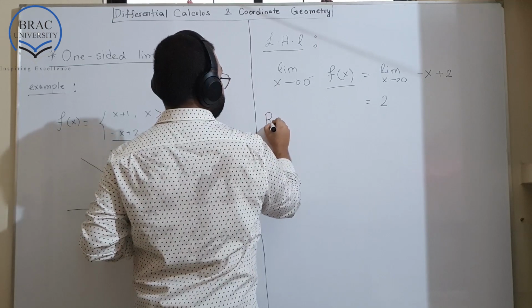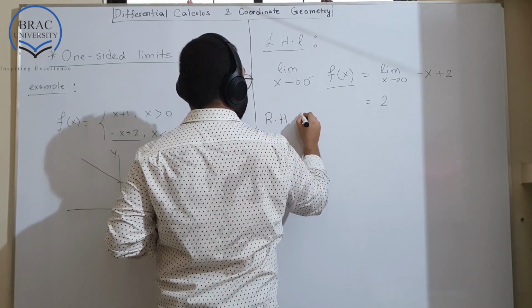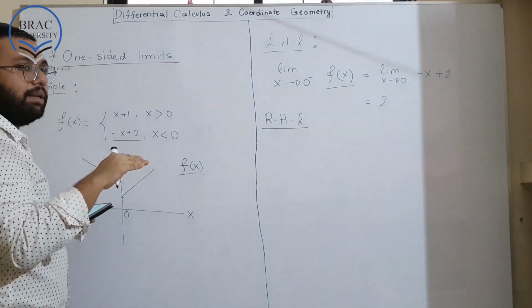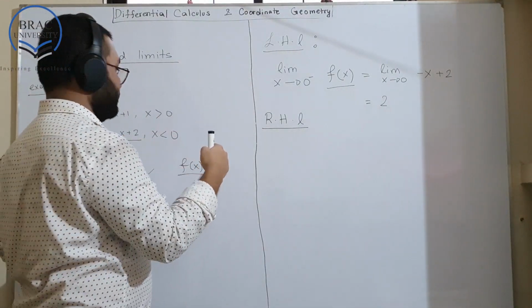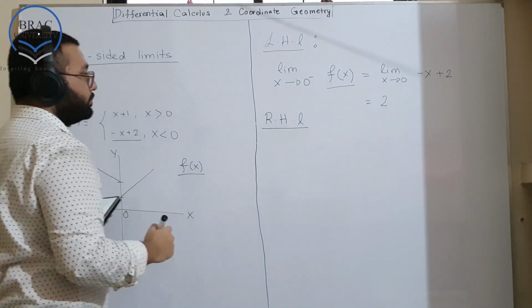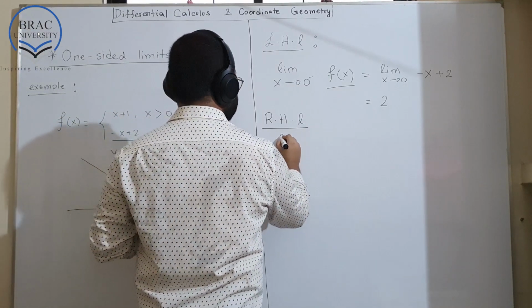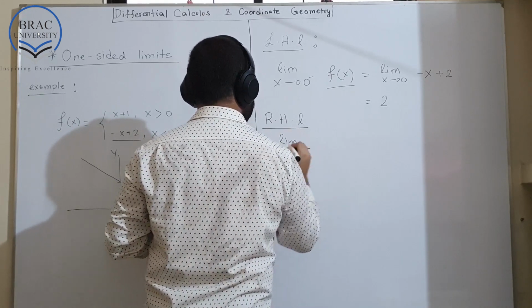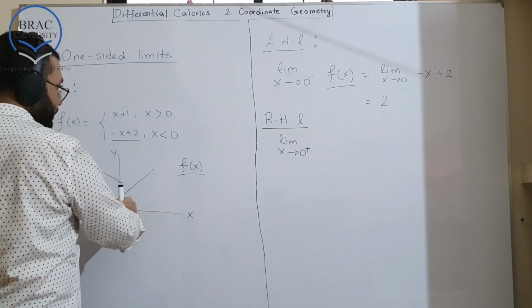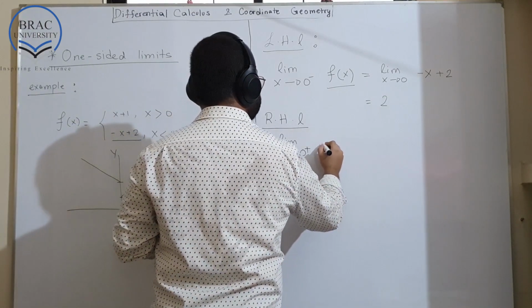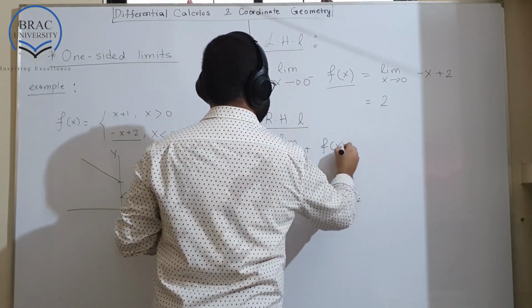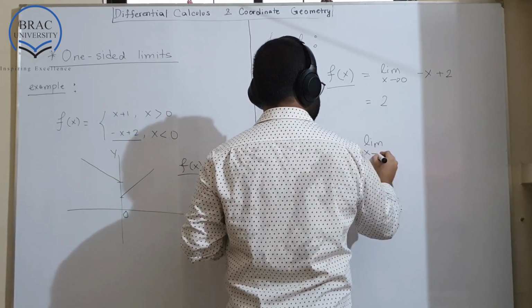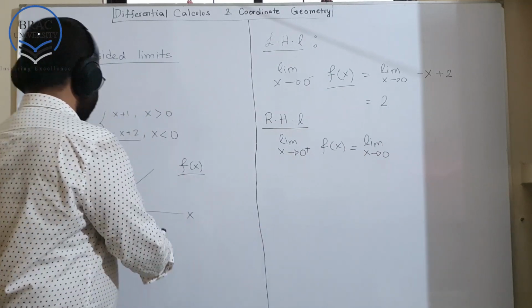Let's see what happens to the right hand limit. Right hand limits are when you're going towards that value of the limit from the right hand side. It means this side. So limit, x goes to 0 from values greater than 0. What do we have here?